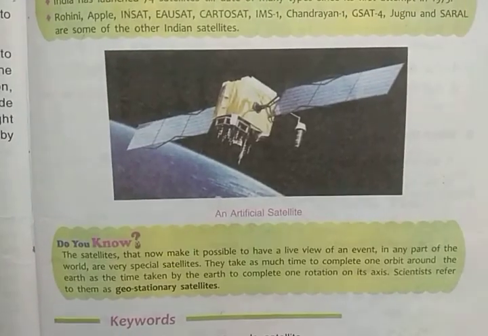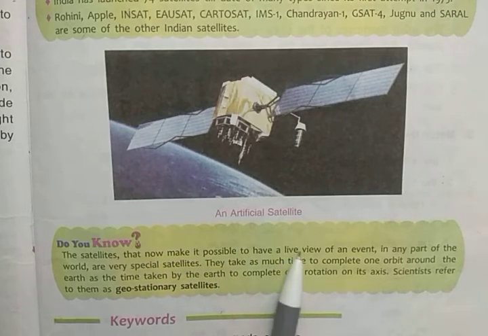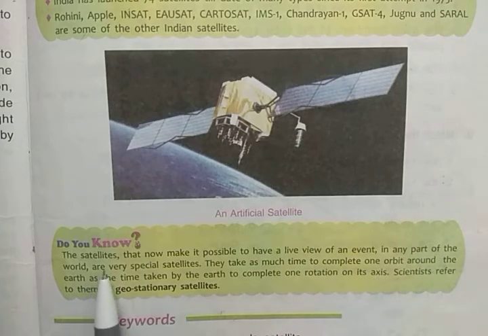And do you know the satellites that now make it possible to have a live view of an event in any part of the world are very special satellites. आप कोई किसी भी चीज का इवेंट का लाइव व्यू जो है वो कहीं भी देख सकते हैं, any part of the world, and they take as much time to complete one orbit around the earth as the time taken by earth to complete one rotation on its axis.